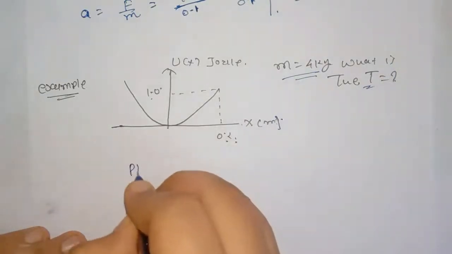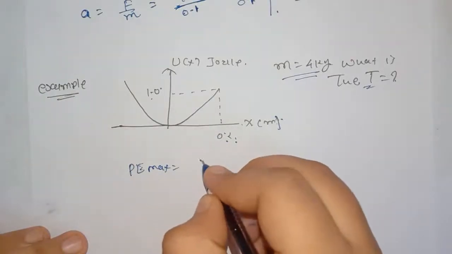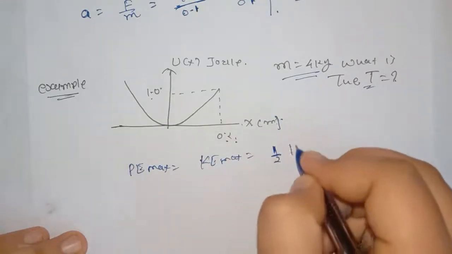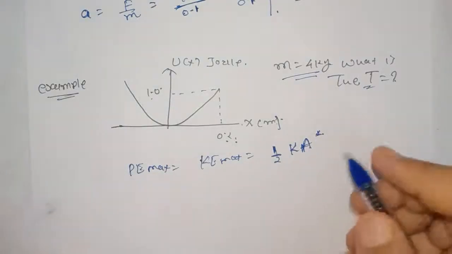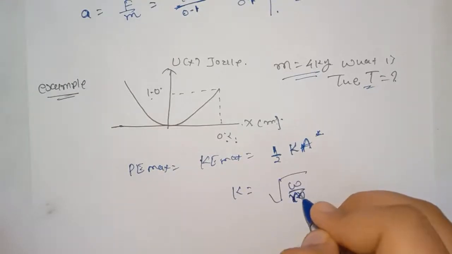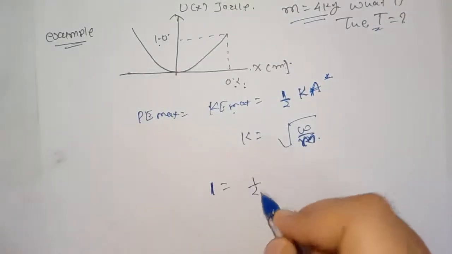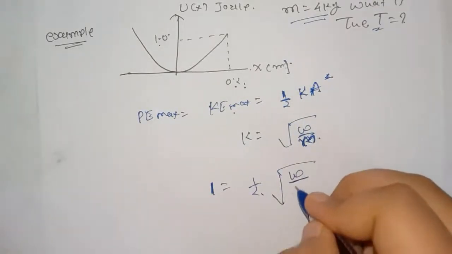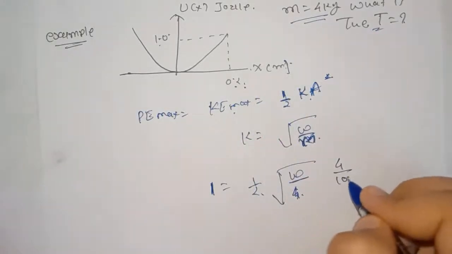The maximum potential energy is equal to the maximum kinetic energy, and it is given by half k a square, and k is under root omega by m. This maximum energy, 1, is equal to half k, which can be written as under root omega by m, that is 4, and amplitude square, that will be equal to 4 by 100.